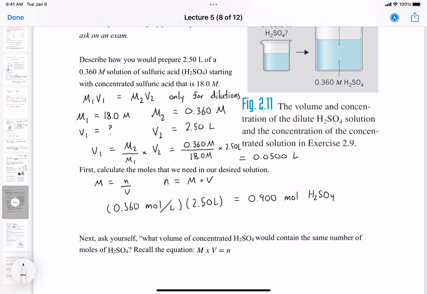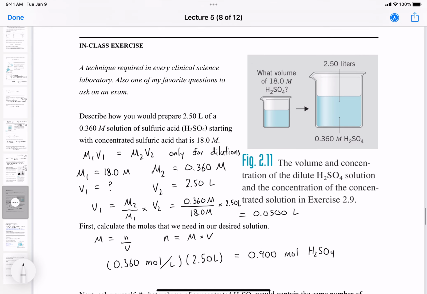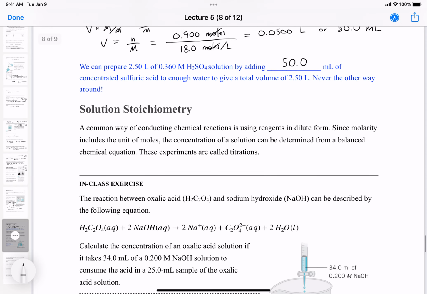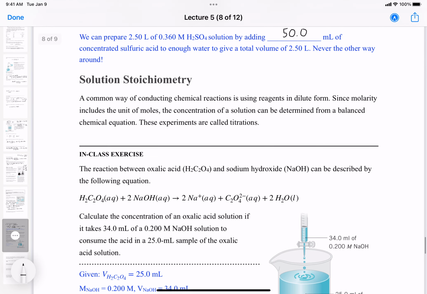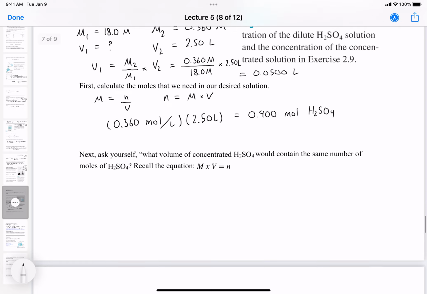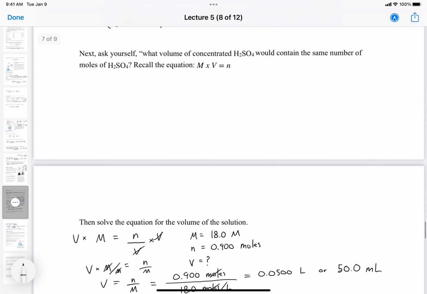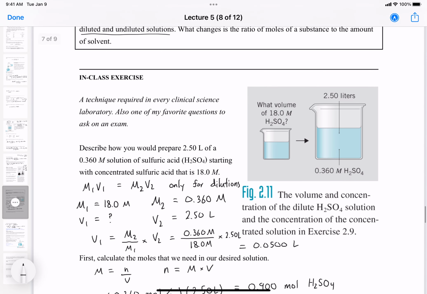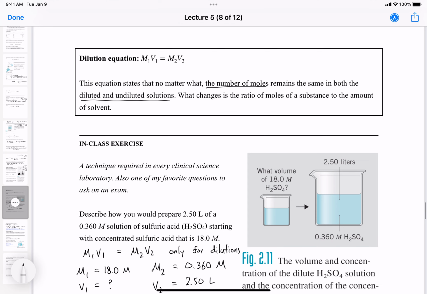So now let's try another example here. Now we're moving on to what we call solution stoichiometry. There'll be lots more examples of using this dilution equation on the practice problems I posted on Canvas, and we'll definitely have more practice in discussion.